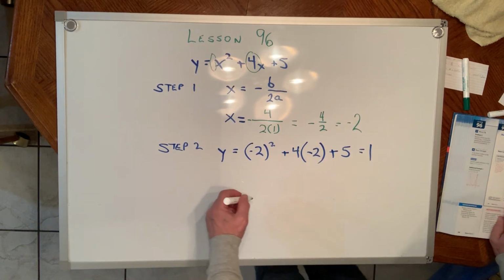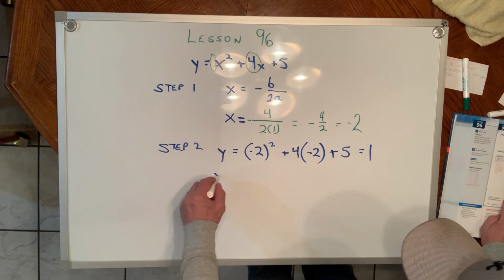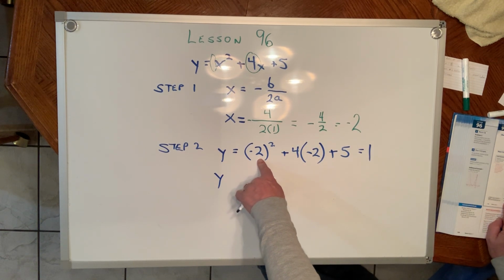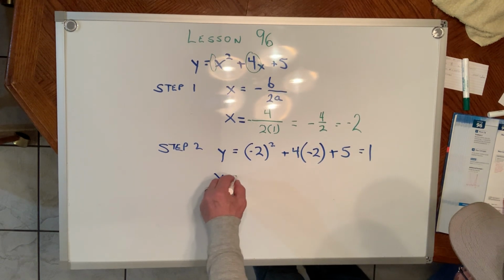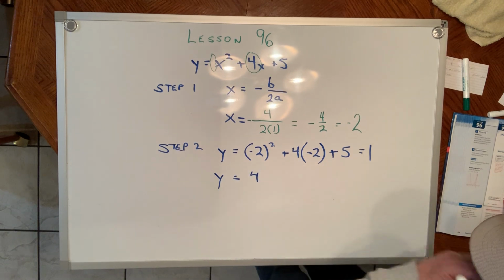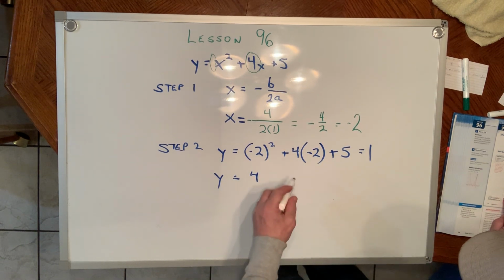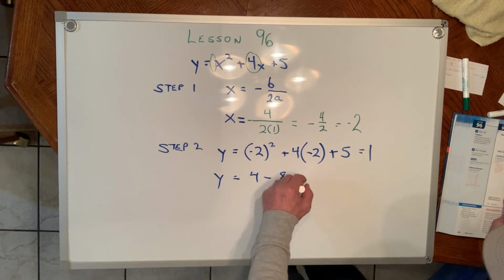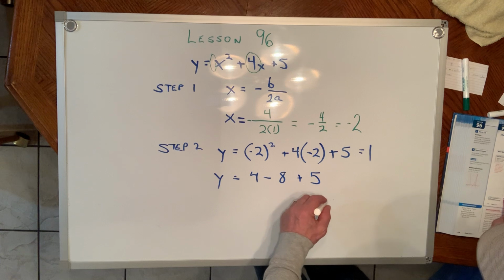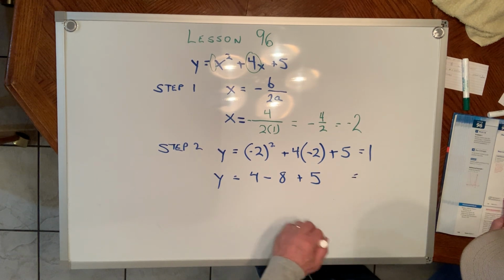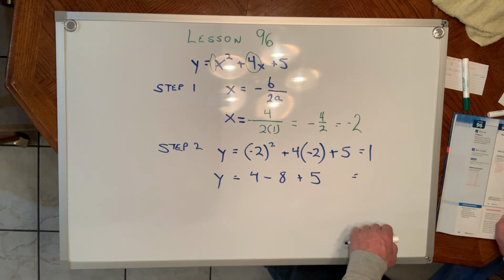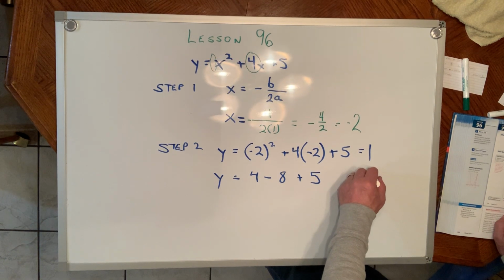Now to solve this, not all that tough, we get negative 2 times negative 2, which is positive 4. 4 times negative 2 is going to be negative 8 plus 5 is going to equal, should come out to 1, right?